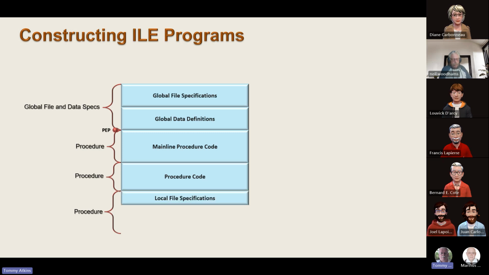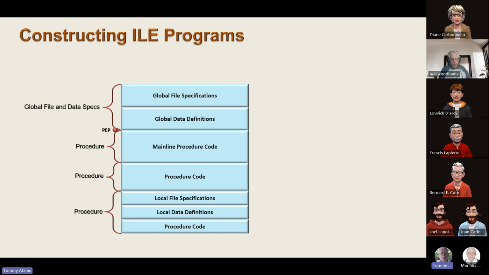First of all, you can specify local file specifications. These are file specs that only belong to this procedure and are not available to any other procedures in the program. You can also specify local data definitions. These are data definitions that are only available from this procedure and not from any other procedure in the program.